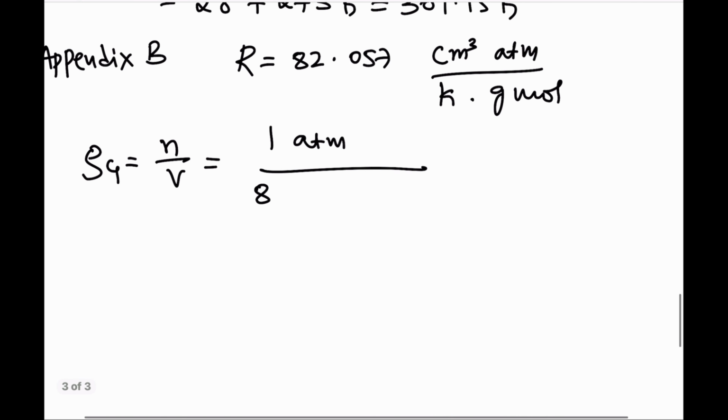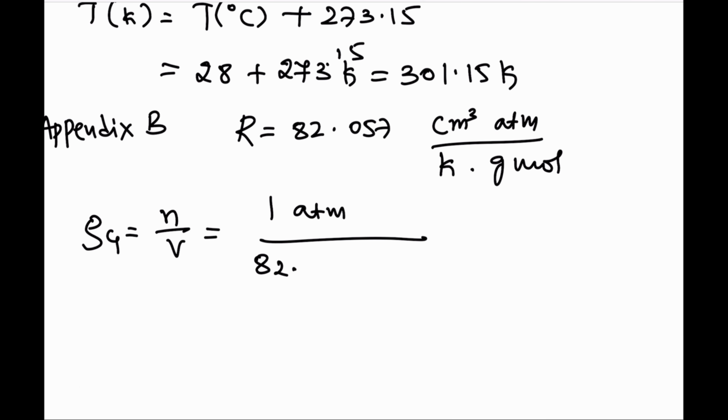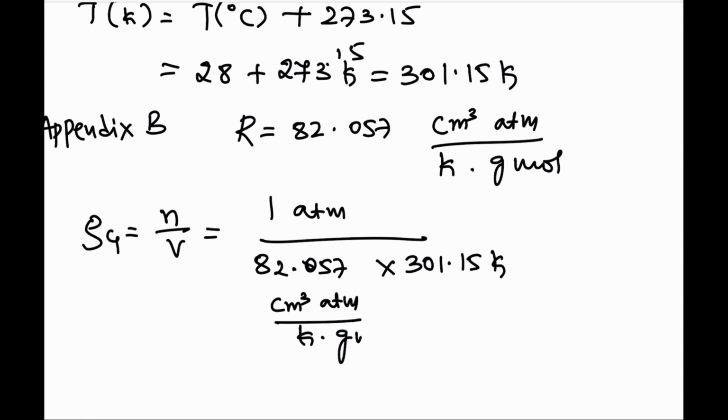The unit of R is centimeter cube atmosphere per Kelvin gram mole, so the atmosphere cancels and the Kelvin cancels. If you do the calculation, you will end up with 4.05 into 10 raised to minus 5 gram mole per centimeter cube.